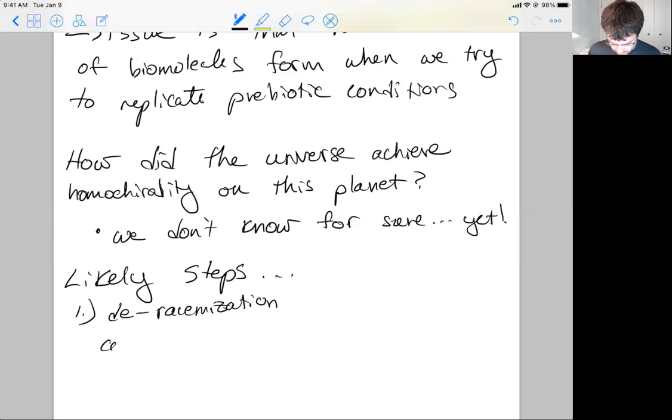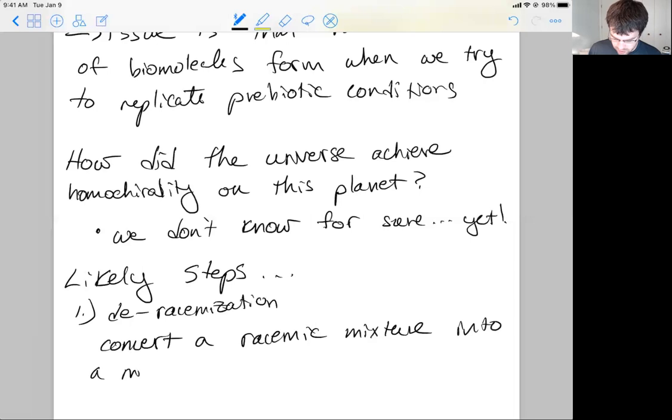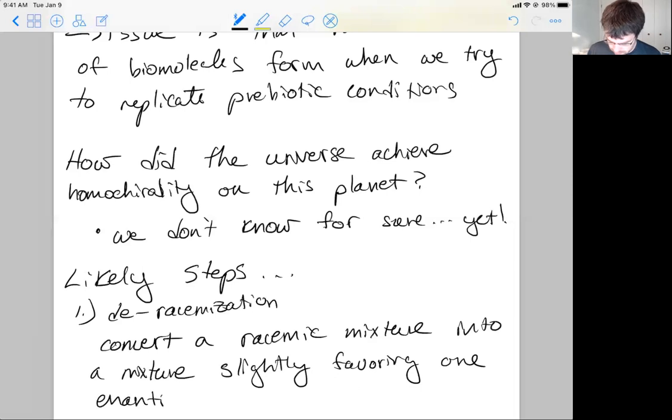So we want to convert a racemic mixture, which is a one-to-one mixture of both enantiomers, into a mixture slightly favoring one enantiomer.